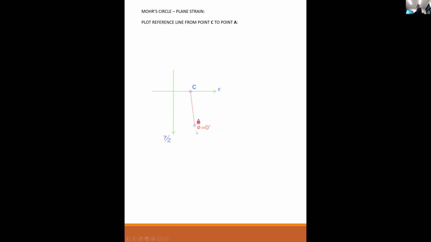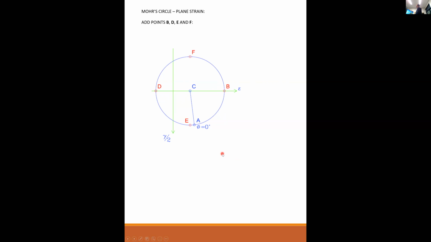That gives me my reference point A at theta equal to 0 degrees. The reference line is oriented at theta equal to 0. Then we can plot the radius and the circle through our points C and A. The radius is the square root of ((epsilon x minus epsilon y) over 2) squared plus (gamma xy over 2) squared.